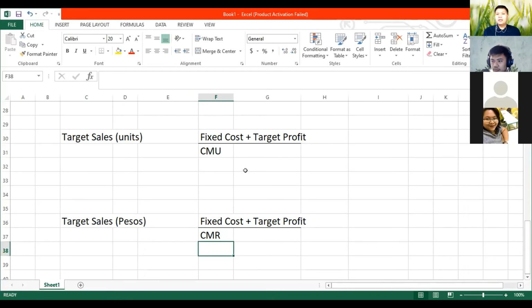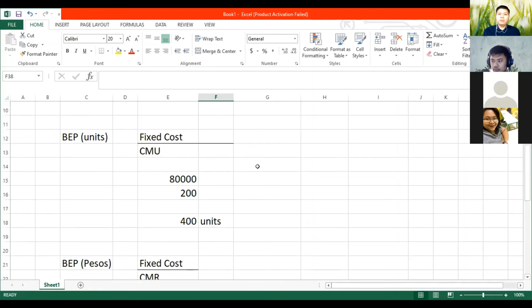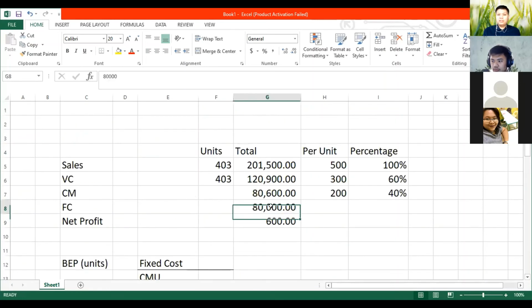How much will I sell if I target a profit of 50,000? If I target a profit of 50,000, okay? So using same information here, the fixed cost is 80,000. I will target a profit of 50,000. And I will use what? 200, no, to determine how many will I sell.